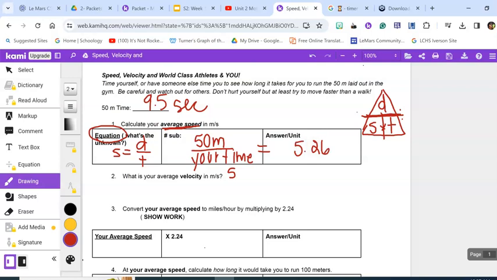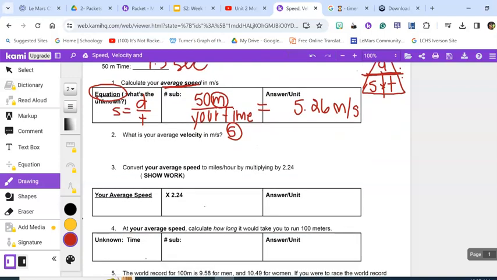Okay. And then for everyone, your unit is going to be meters over seconds because speed is a derived unit. Whatever you did, yards, feet, miles, over how much time you did it in. Now, this is your speed in meters per second. You might want to circle that.